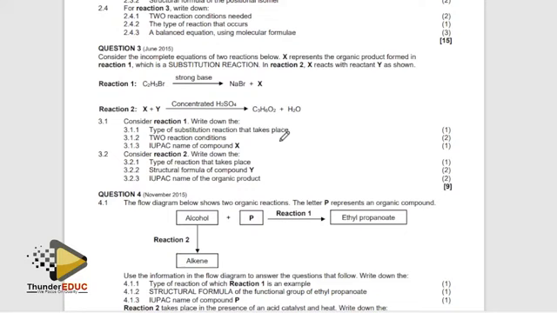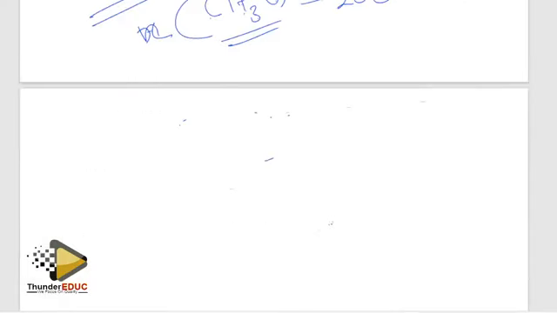You have to know when to apply water on the reaction, and when water is being lost. When do I use a strong base? When do I use an acid? Then you are done. You have what you call addition reaction. You have what you call elimination reaction. You have what you call substitution reaction. So all this you have to know, when and how to apply them.